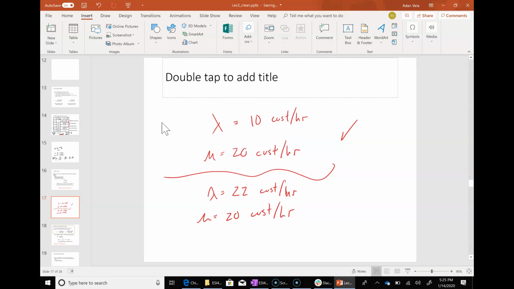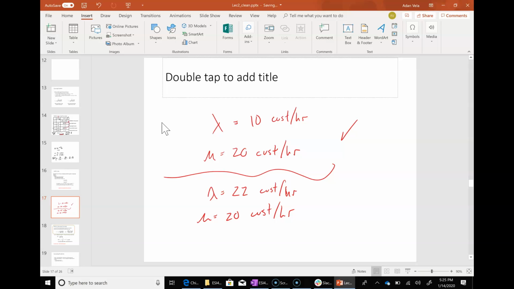The queue is not only going to be really long, but if this system runs forever, what's going to happen to the length of that queue? What's longer than long? Infinity. So if we pretended my gas station never closed, and we kept 22 customers per hour arriving while I could process 20 customers per hour.